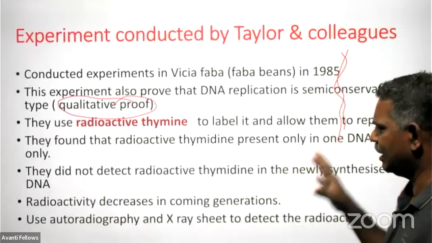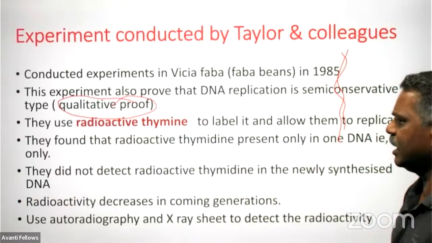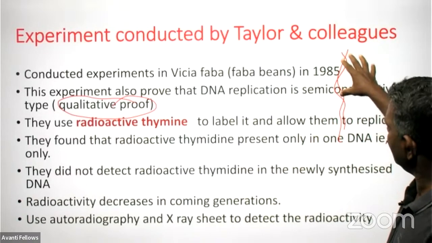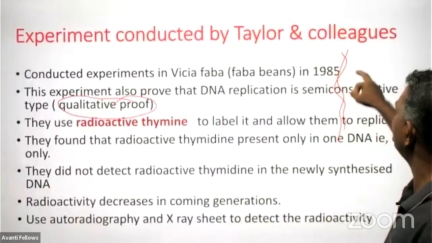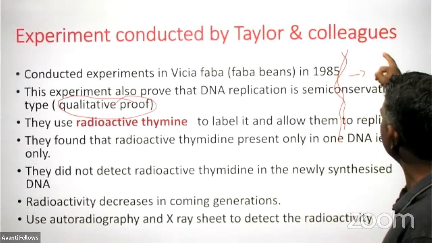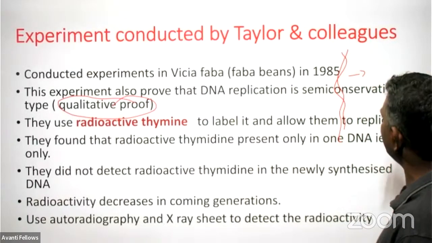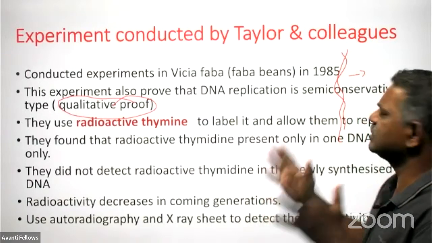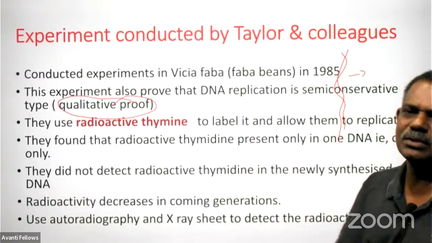They labeled only the thymine present in the DNA, radioactive thymine here in this DNA, and allowed the DNA to go for replication. So naturally, this will be separated. One strand separates from the other. And these two strands act as templates only, and construct a new strand.